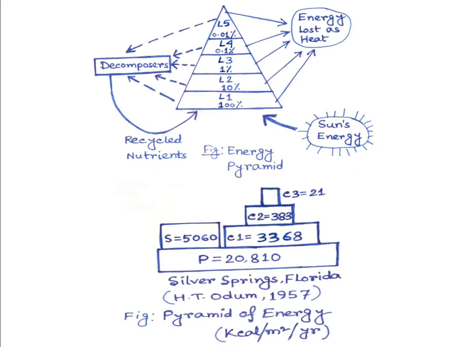The energy contents in kilocalories per meter square per year decreased from 20,810 in primary producers to 3,368, to 383, to 21 in consumers of first, second and third orders respectively. Thus, a top carnivore for the organic production of only 21 kilocalories needs a very broad base of green plants equivalent to 20,810 kilocalories of energy.